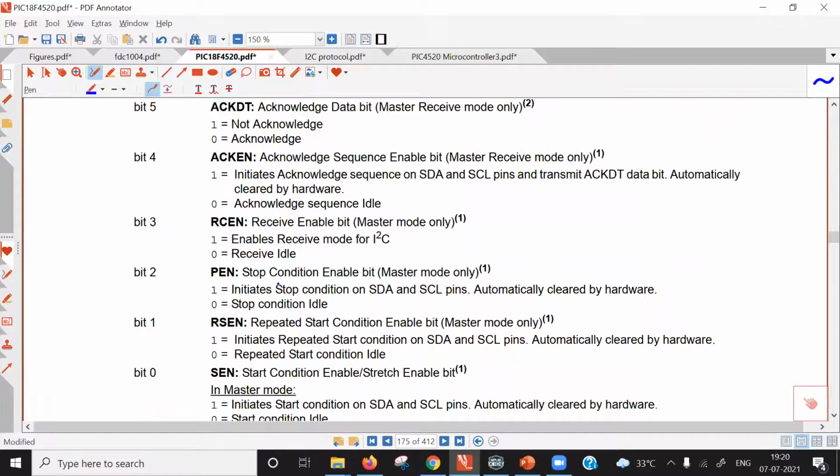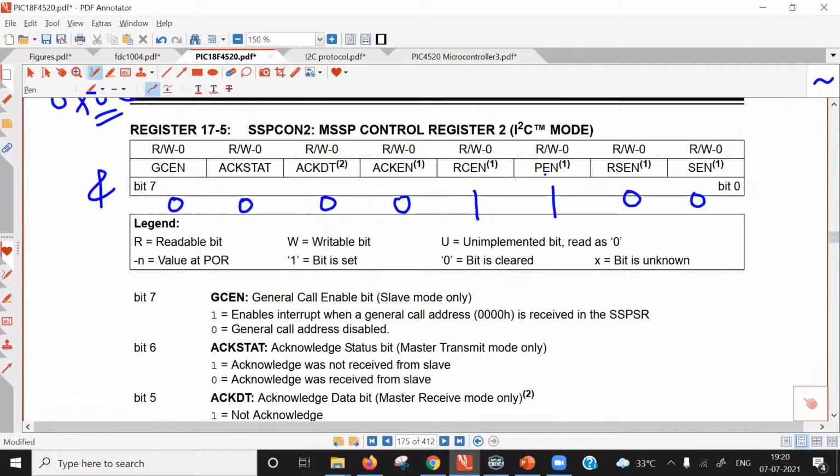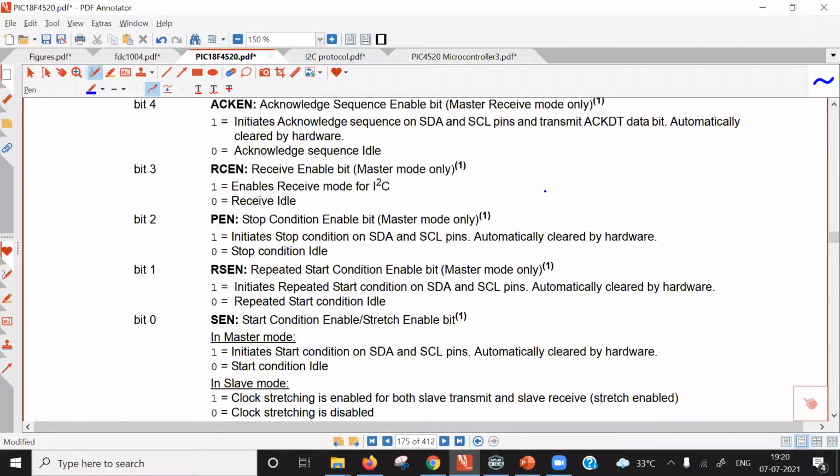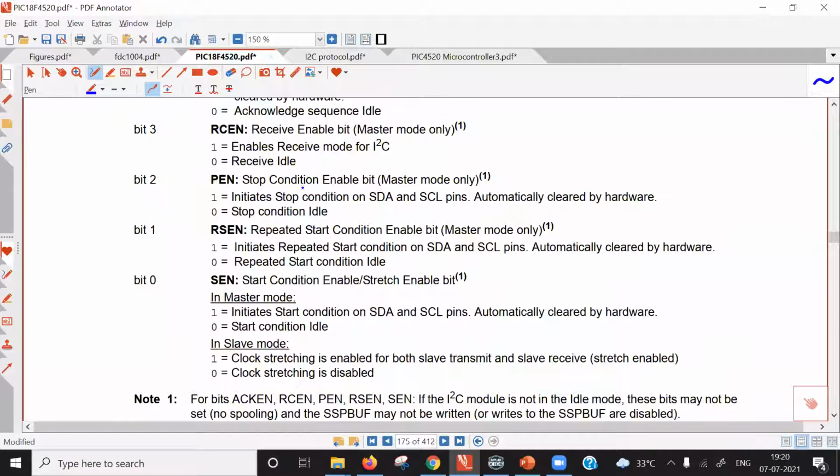Next is the PEN bit. What is the meaning of PEN bit? Stop condition enable bit. When this bit is 1, it initiates stop condition on SDA and SCL pins, and is automatically cleared by hardware. 0 means stop condition is idle.